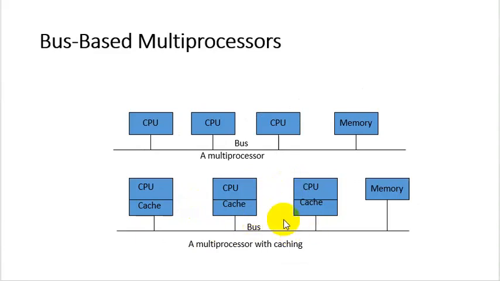If it is available, the processor gets the data much faster. But this creates another challenge. If one processor changes the data in its cache, the other processors may still have the old value in their caches. Therefore, we need a cache coherence protocol to ensure that every processor always sees the correct, up-to-date data.